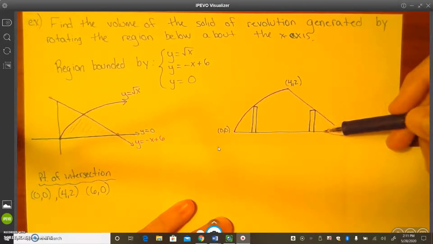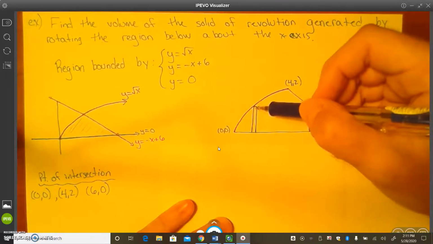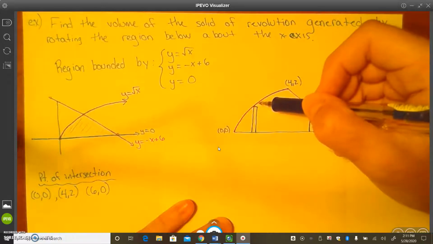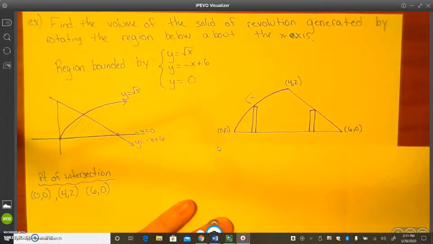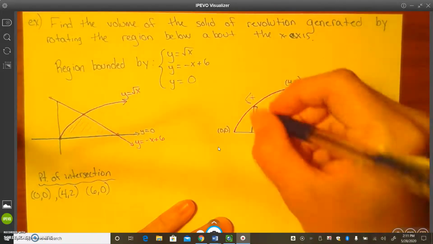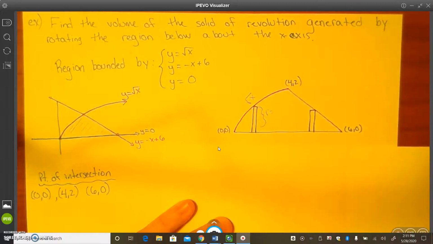So again, the base of this region is y equals 0, the x-axis. On the left cross section, the upper part would stop when it hits the curve square root of x. So here the radius is square root of x.